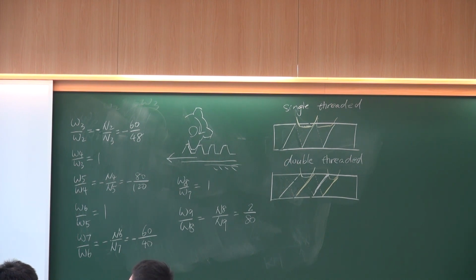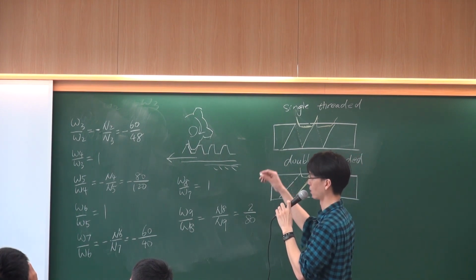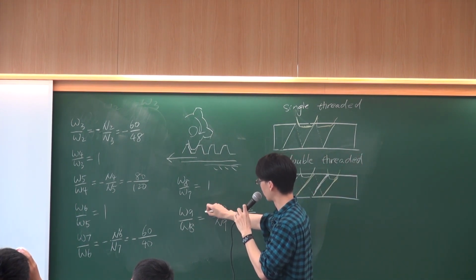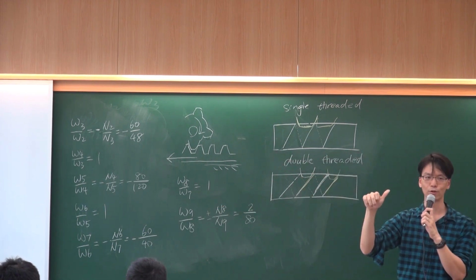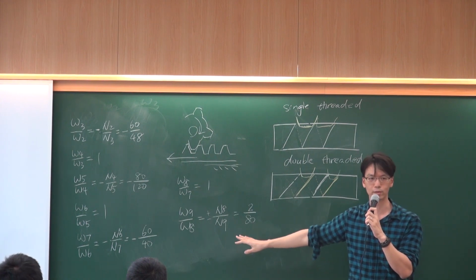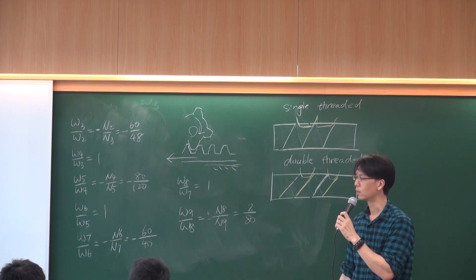Yes? How do we know, for example, in 9 and 8, whether it could be positive or negative? Because right now they totally change the direction, that's why I didn't put a sign here. So we are just guessing?